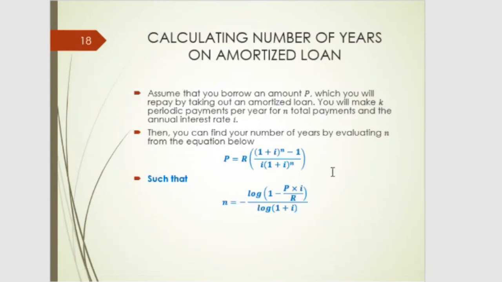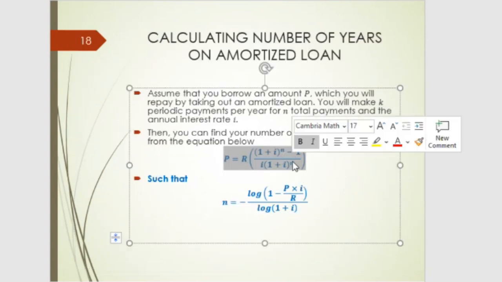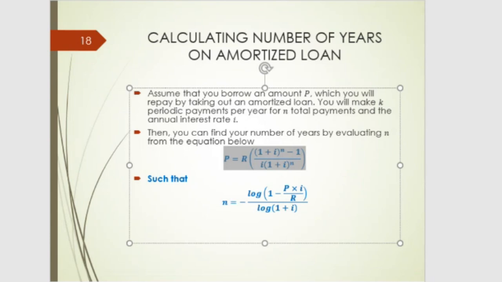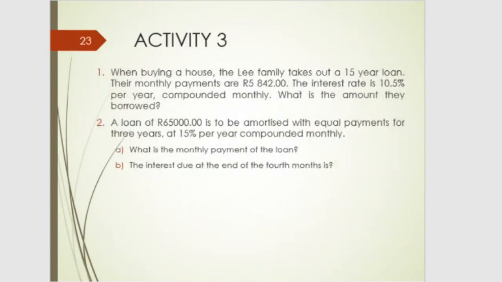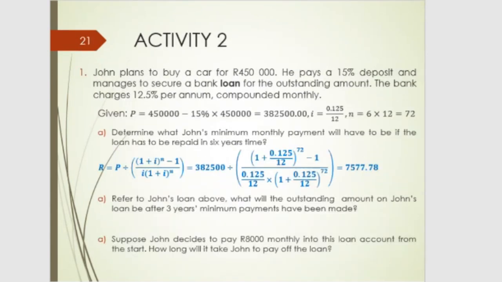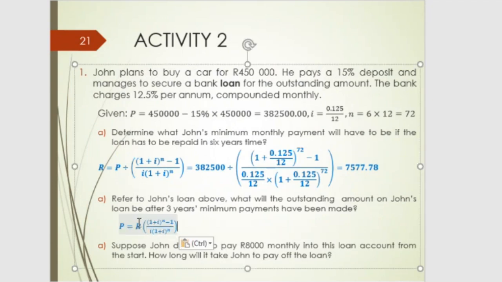Okay, so let's take the formula for the present value. Then replace the values. At least now you know your payment, which is 7577.78.